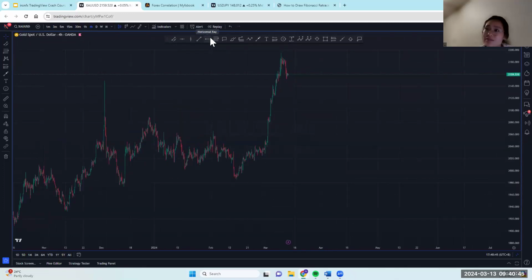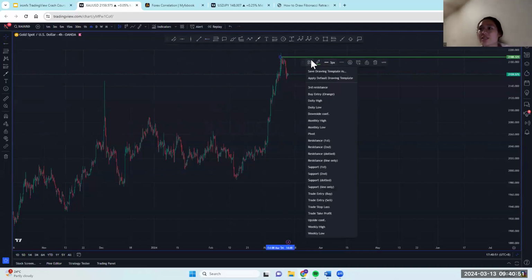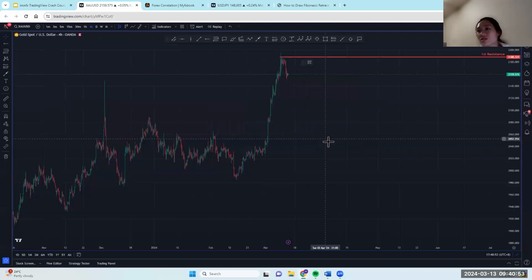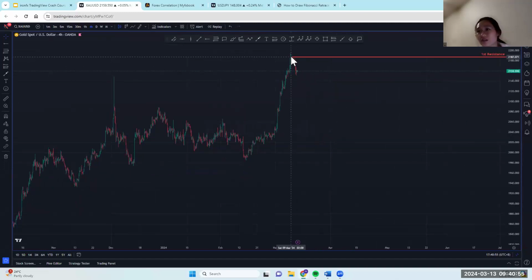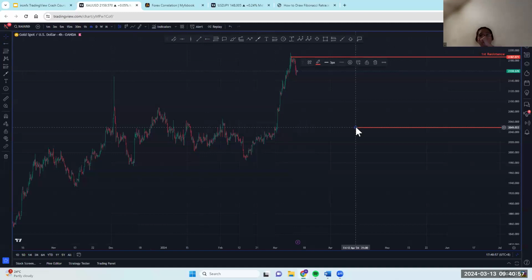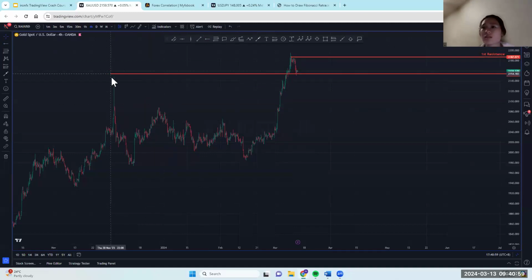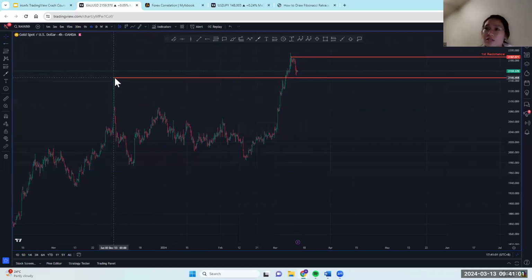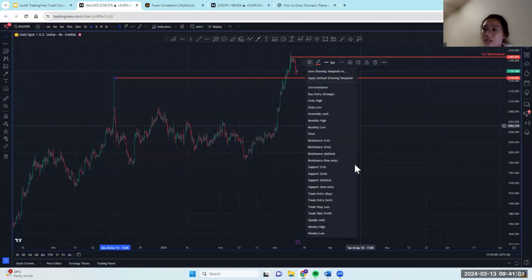Okay, so going in with our support and resistance levels again, I'm using this horizontal ray, firstly placing it at this first resistance, this swing high. And then my first support, I will just place it here.